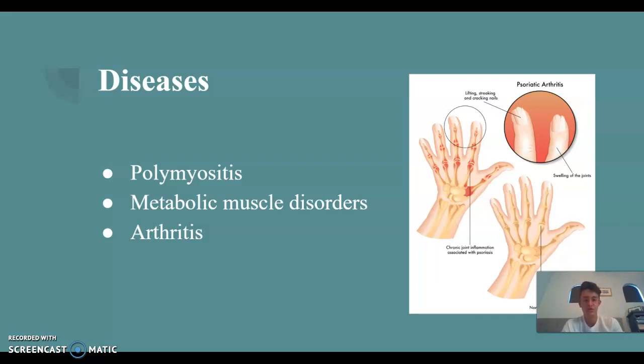The muscles in the joints do not work the proper way. And there are also metabolic muscle disorders, which are distorted chemical reactions from the metabolism when you're drawing energy from your food. They don't metabolize properly. That's why we talk about 85% of our body heat being from metabolism. When our bodies don't contract properly, the metabolism doesn't work properly.